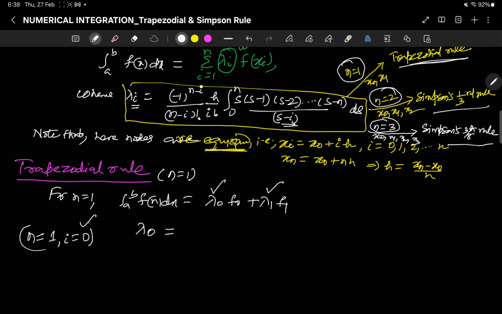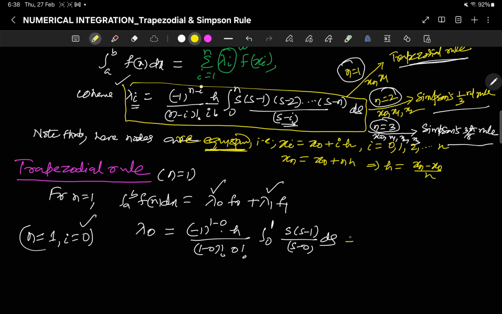Substituting in lambda i, lambda 0 is (minus 1) to the power (1 minus 0) times h over (1 minus 0) factorial, integral 0 to 1 of s into (s minus 1) divided by (s minus 0) ds.